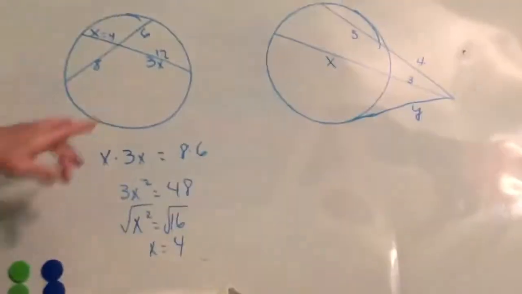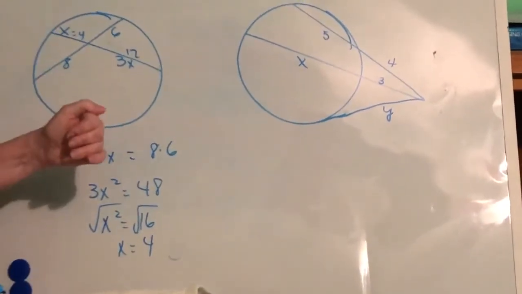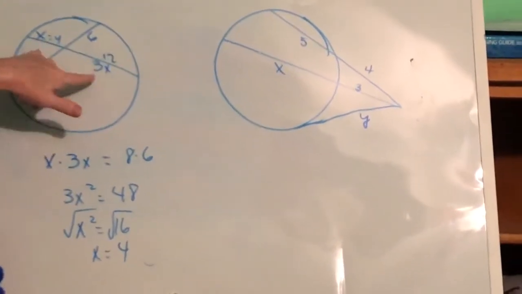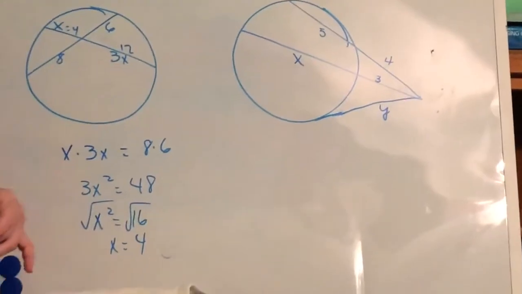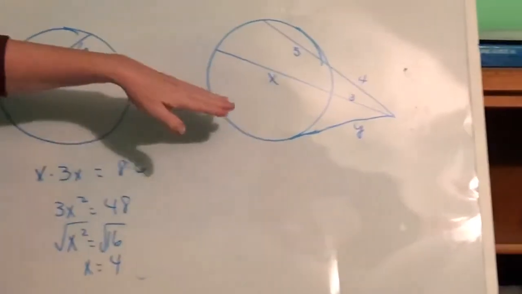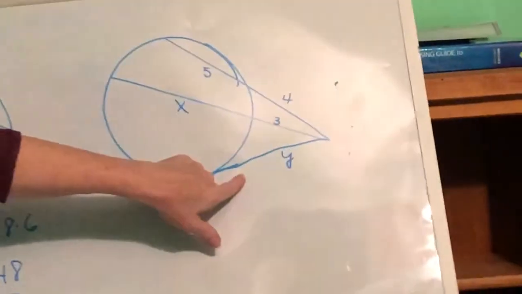So 4 times 12 is 48, 6 times 8 is 48. If they cross inside the circle, if we have two chords, the product of the lengths of one chord is equal to the product of the lengths of the other chord. So that's very basic.